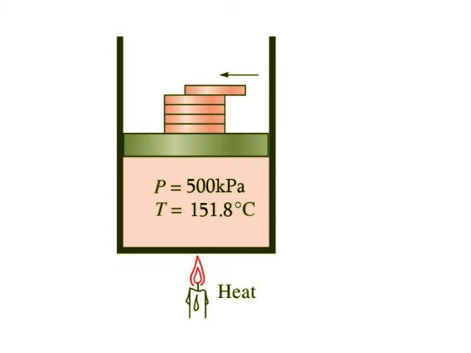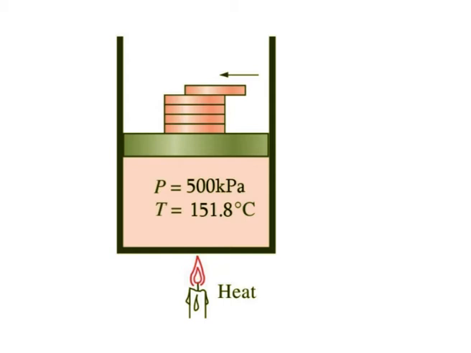If the pressure inside the cylinder were raised to 500 kilopascal by adding weights on top of the piston, water would start boiling at 151.8 degrees centigrade. That is, the temperature at which water starts boiling depends on the pressure.